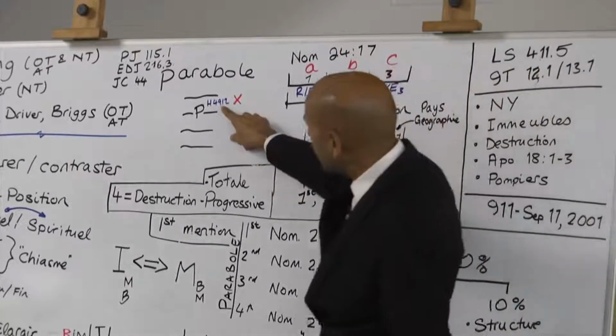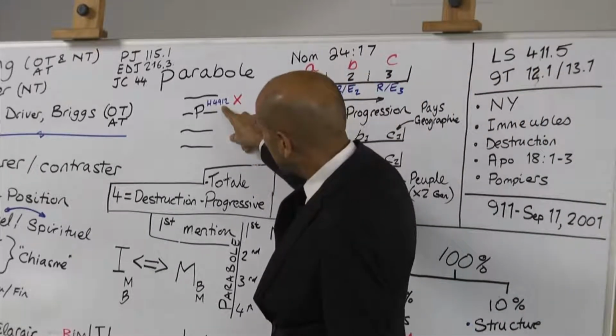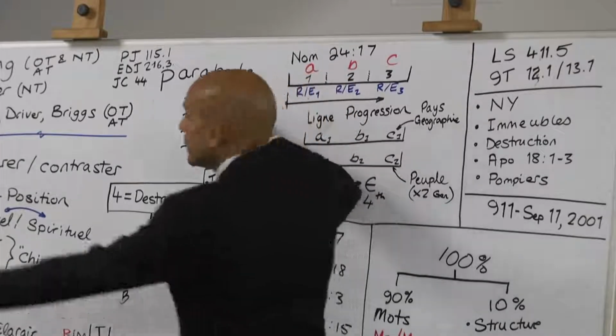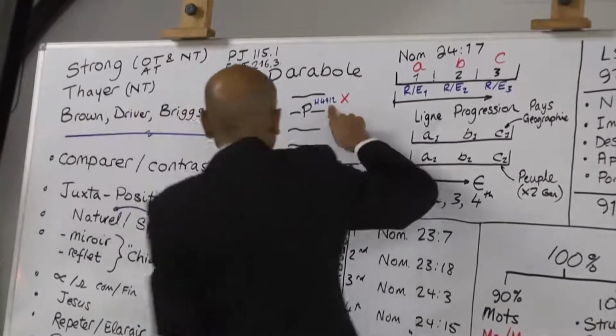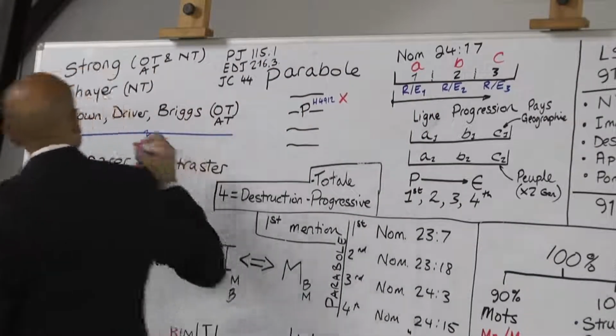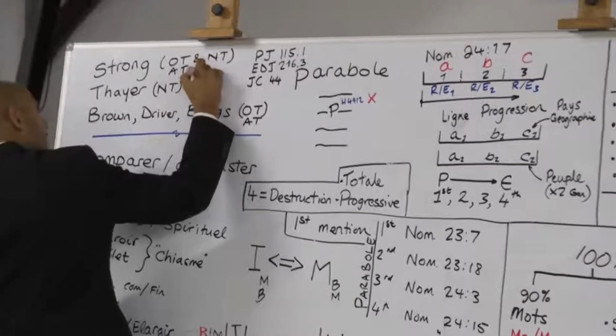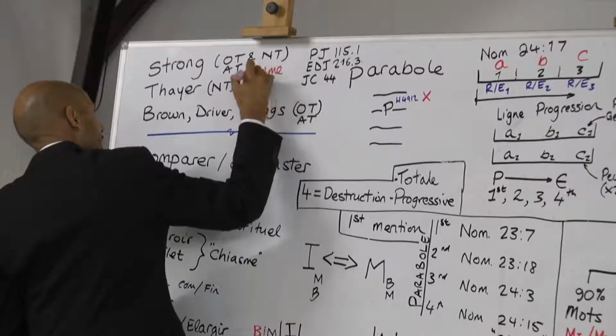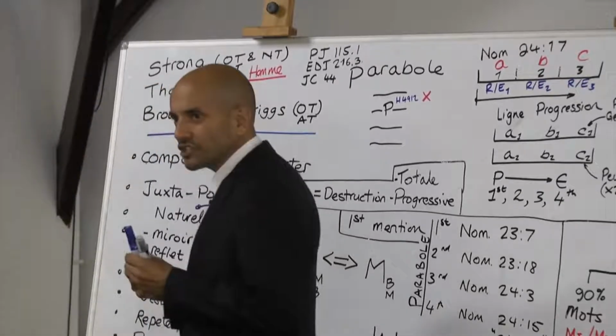Because this coding is whose dictionary? Strong's Dictionary. And Strong is whom? He's a man. So this is a man's dictionary.